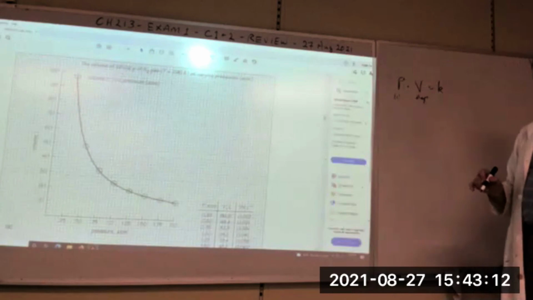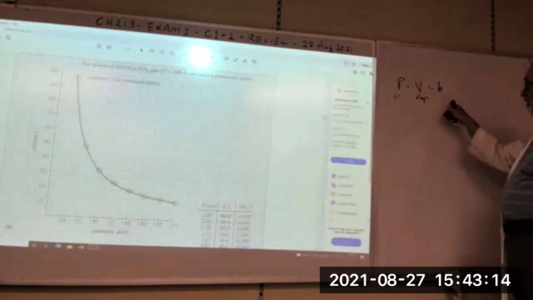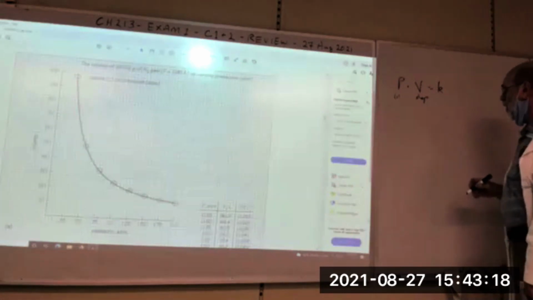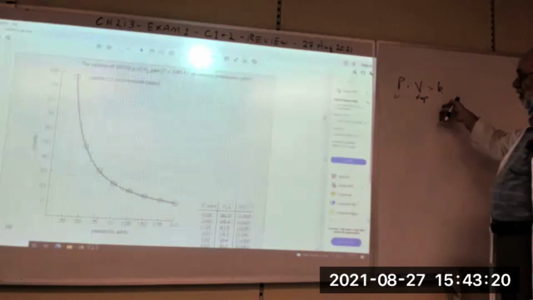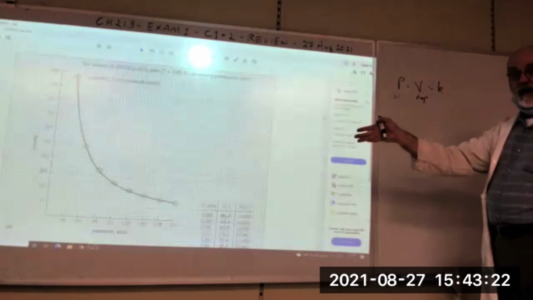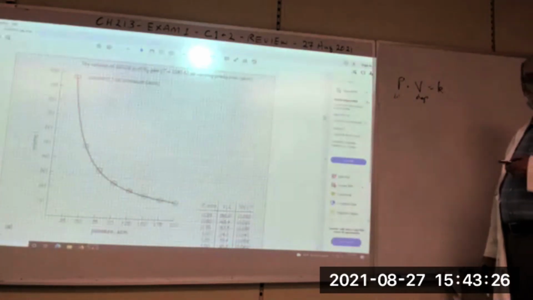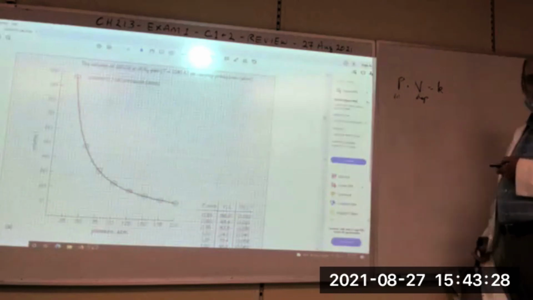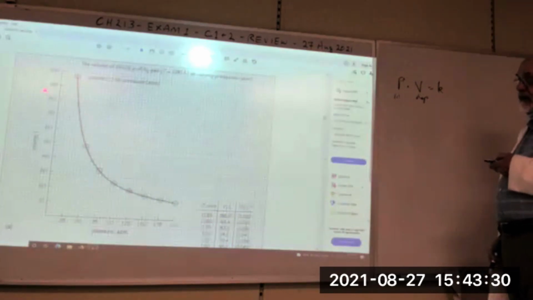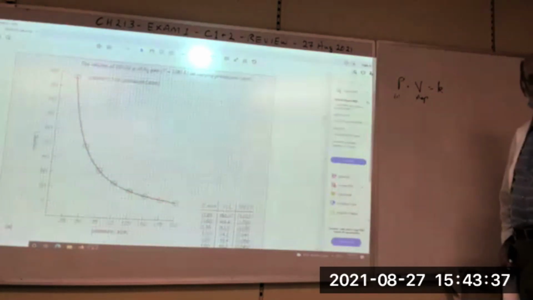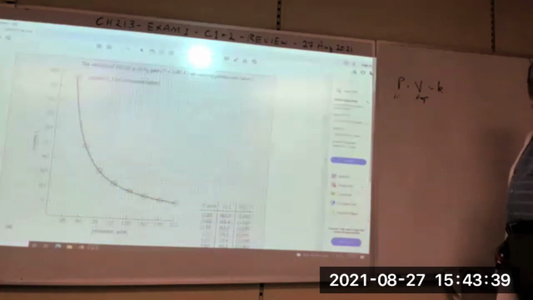The volume changes as you change the pressure. And this is always a constant value. So if we plot it like that, then you get the hyperbola. Right? Remember from math, what's a hyperbola? Well, you can define it several ways, but this line continued on here never touches that axis. And this one continued on, never touches that axis. That's a hyperbola.